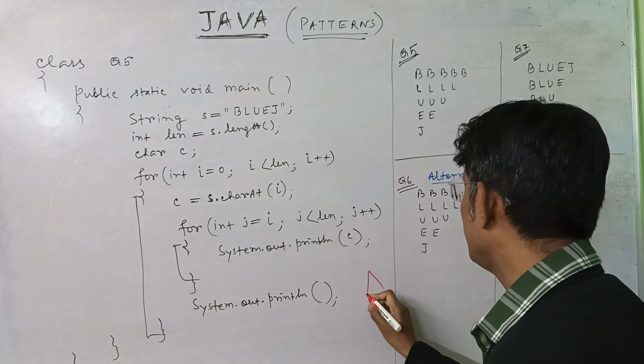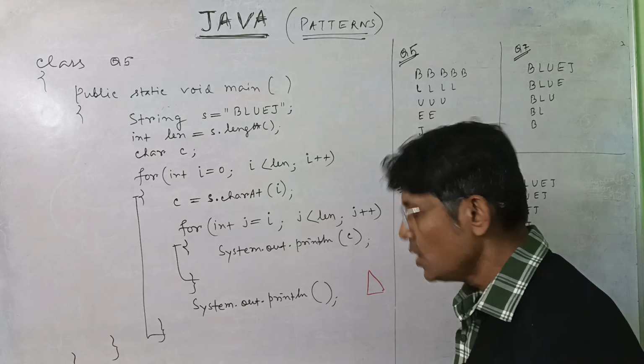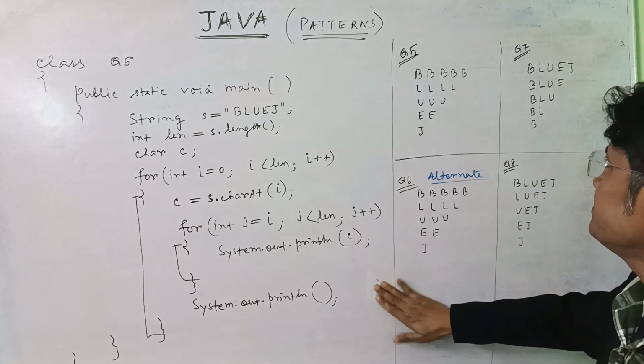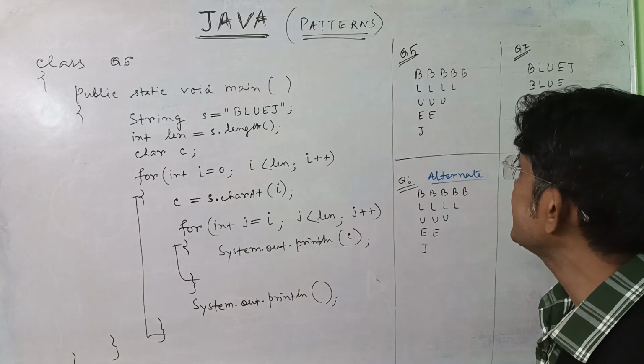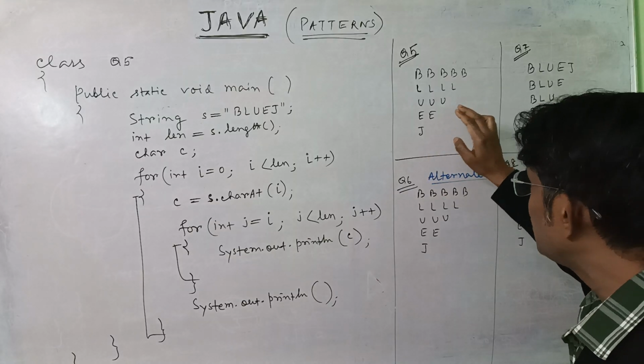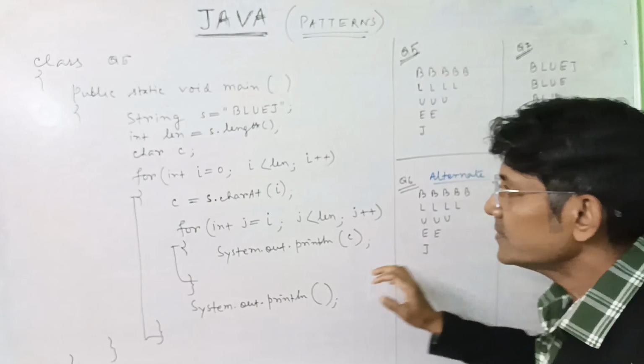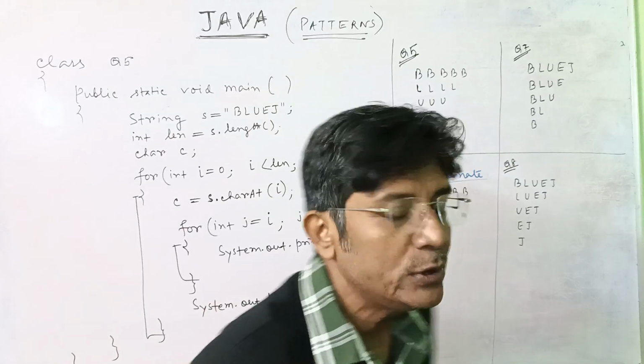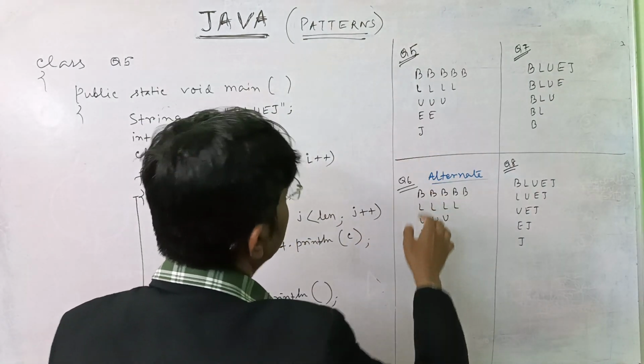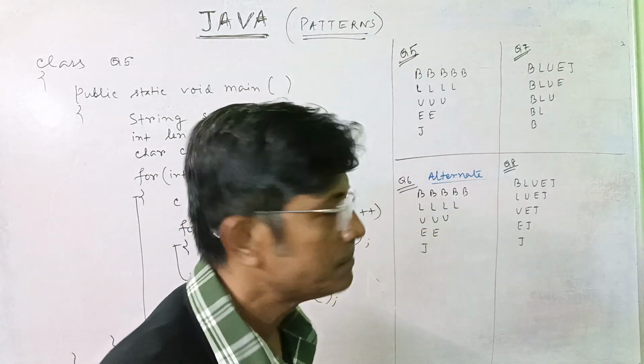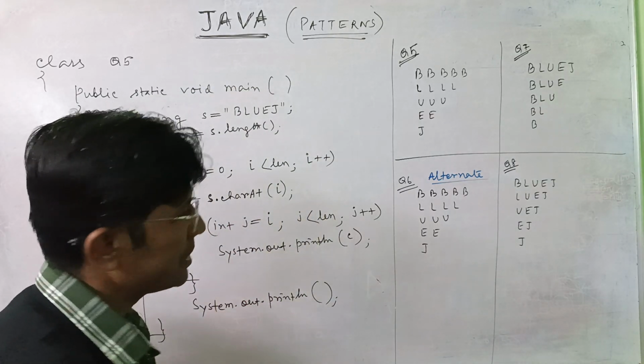So let us see question number 1 first. To do this problem we need a nested loop. To do questions number 5 and 6, we will apply the nested loop.